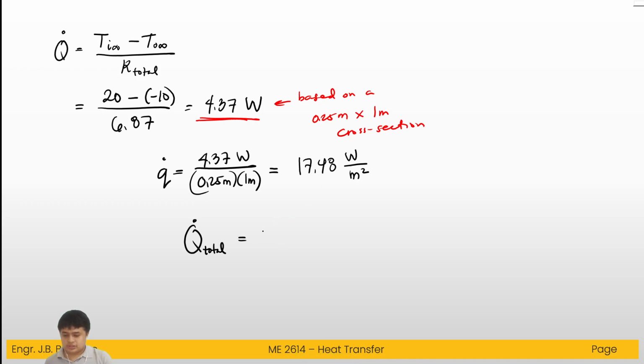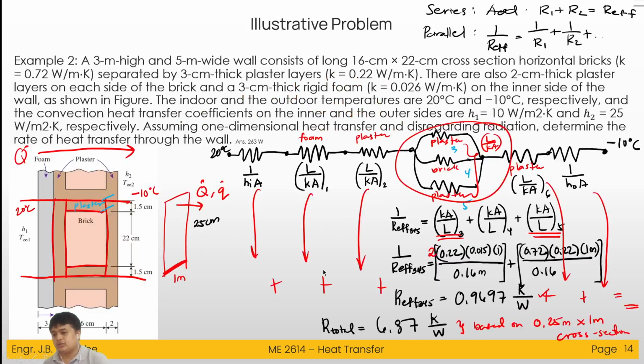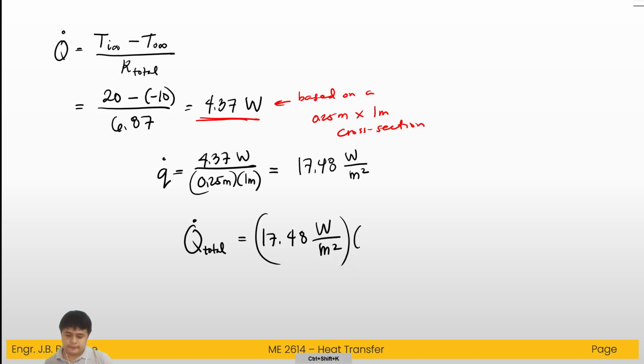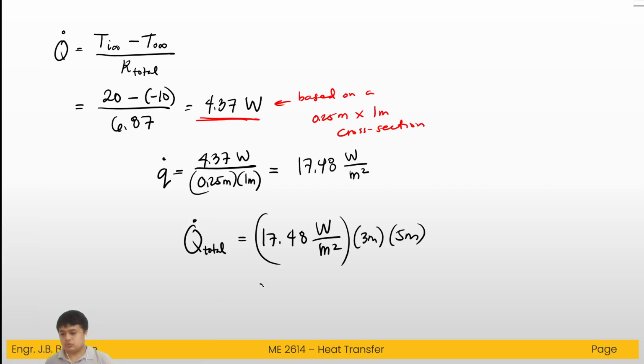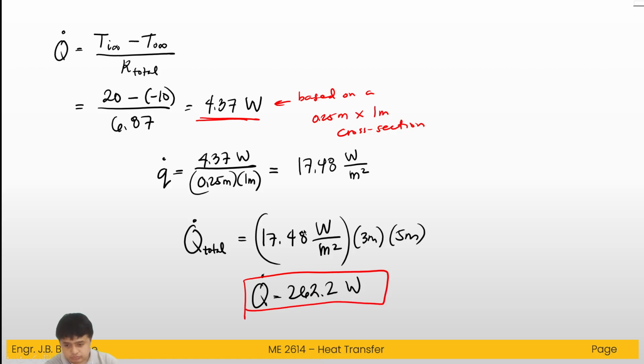To solve for this, we can just multiply this heat flux by the actual area, which is 3 meter high, the actual height is 3 meter, and then you have 5 meter wide. So 5 meter, 3 meter. So the final answer should be multiplied by 15, 3 times 5. That will be 262.2 watts. Okay, so this will be your final answer. Okay, so that's it.